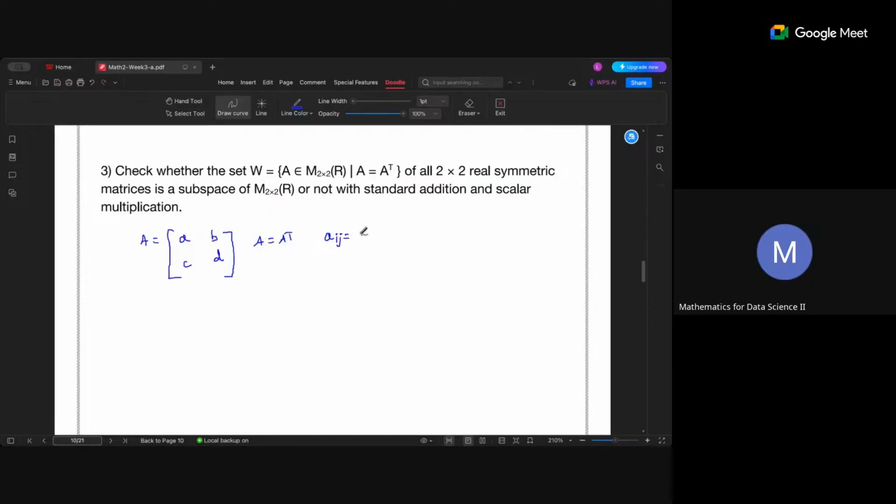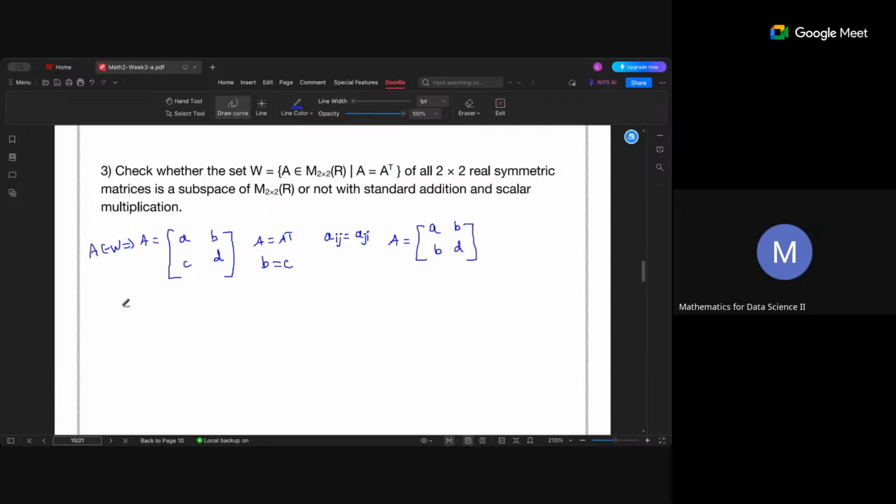If it is symmetric, what do you know? Aij is equal to Aji. So which elements are equal? C and B are equal. So you have A equal to [A, B; B, D]. A belongs to W implies A is of this form.